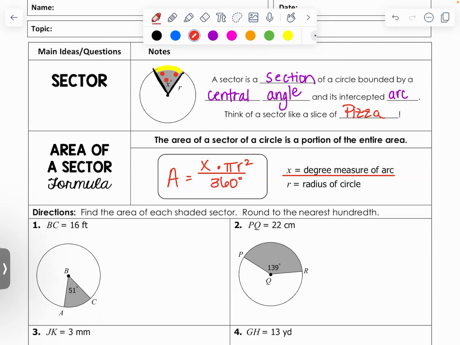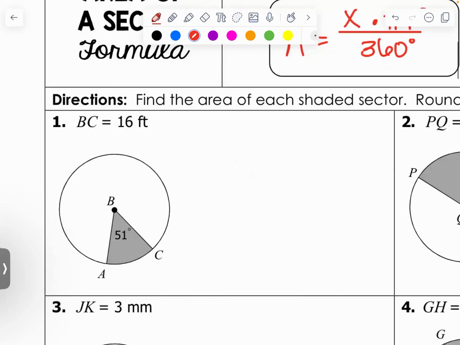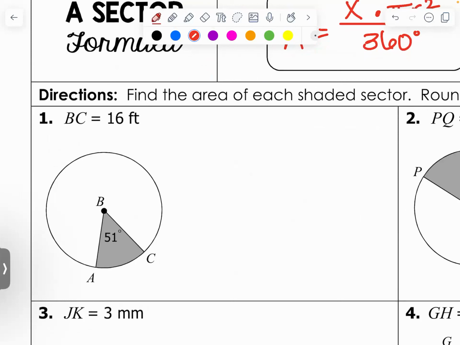All right, so in number one, how long do we have until 128? Okay. In number one, this is like the perfect lesson for today because it's not very long. BC is 16. What does that give us? Does that give us circumference?